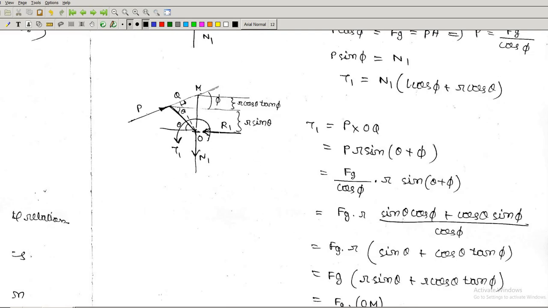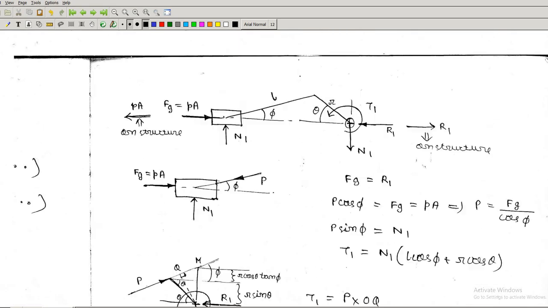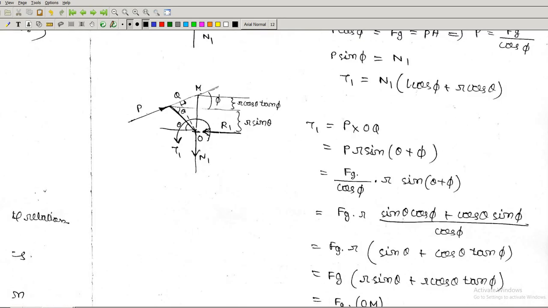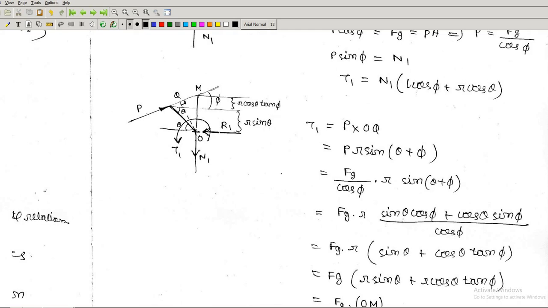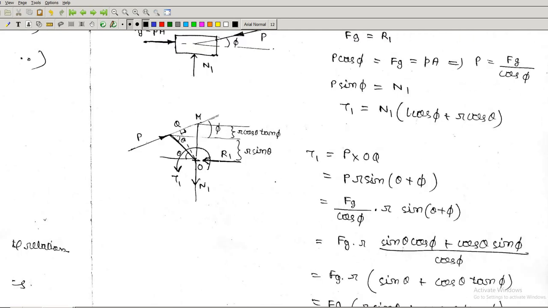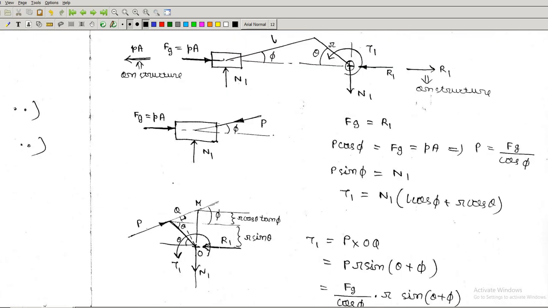OM is just the vertical line passing through O, and M is the point on the extension of the connecting rod. So you extend the connecting rod and find the intersection of this vertical line with the connecting rod, and that point gives you M, and Fg into OM is the torque coming due to the gas pressure.